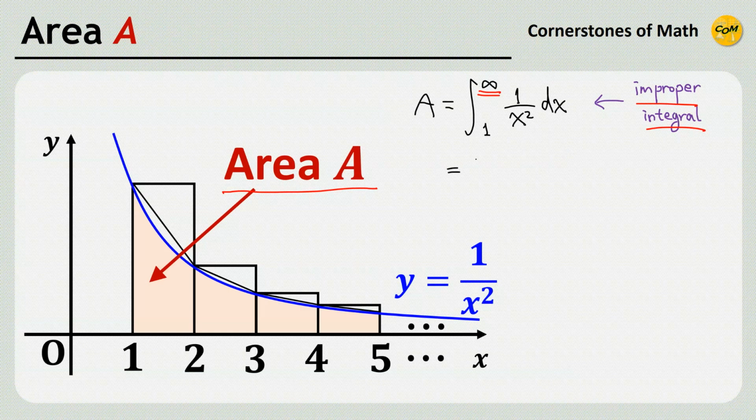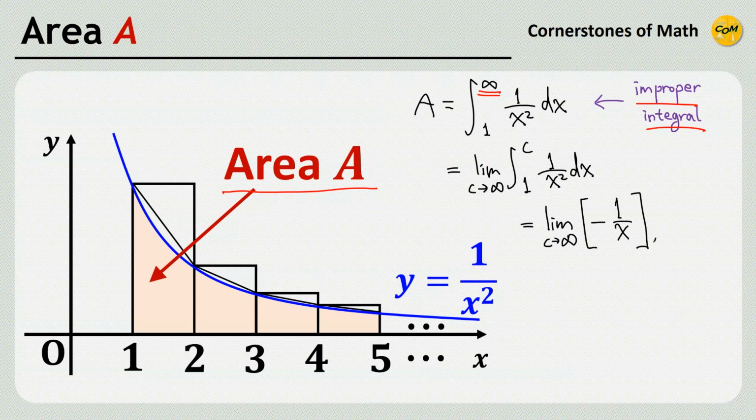This type of integral can be calculated by the limit of the integral from 1 to c of 1 over x squared dx, where we send this c to infinity. So we have the limit, and the integral of 1 over x squared is minus 1 over x. So we have the limit of 1 minus 1 over c, which gives 1.